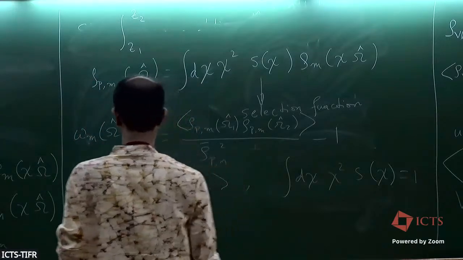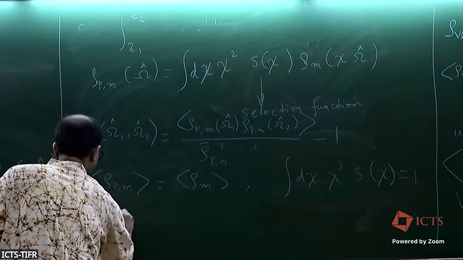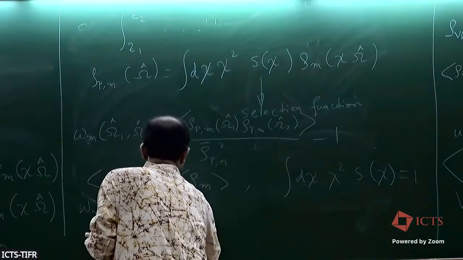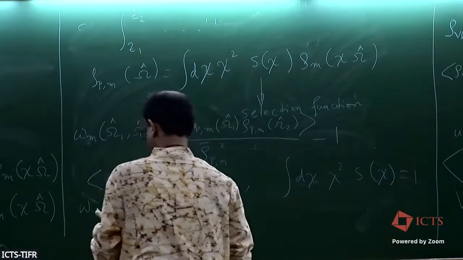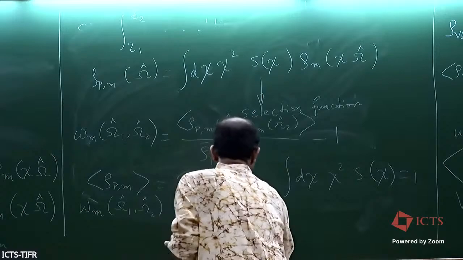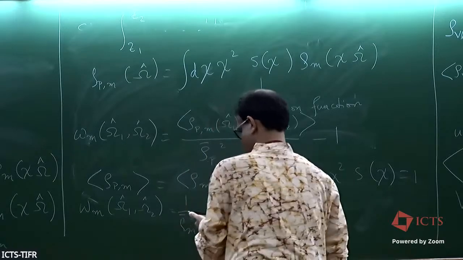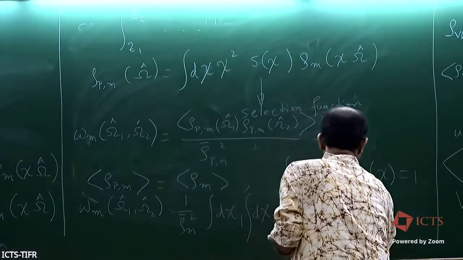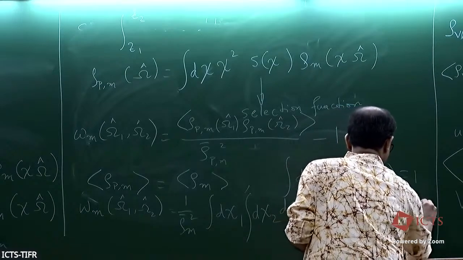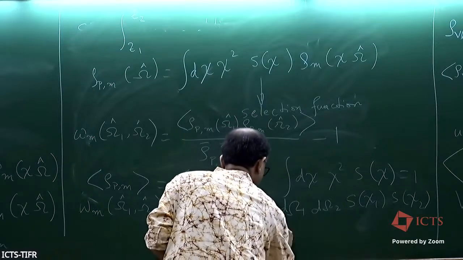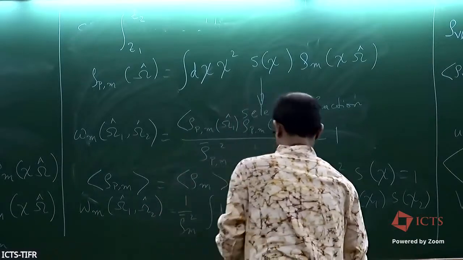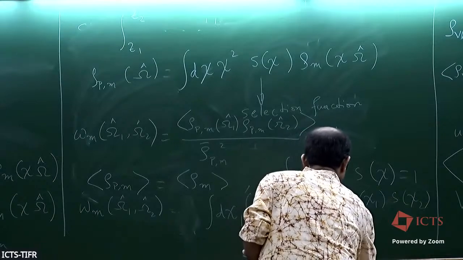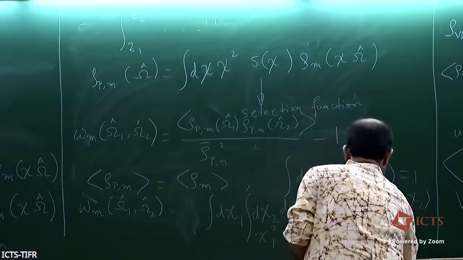What you will end up showing is that W m of omega 1 and, let us say, omega 2 will be 1 by rho m square, then two integrals d chi 1, d chi 2, and then d omega 1, d omega 2, s chi 1, s chi 2, then chi 1 square, chi 2 square, and then this rho m square will cancel. It will be just 1 plus chi m of x1, x2.